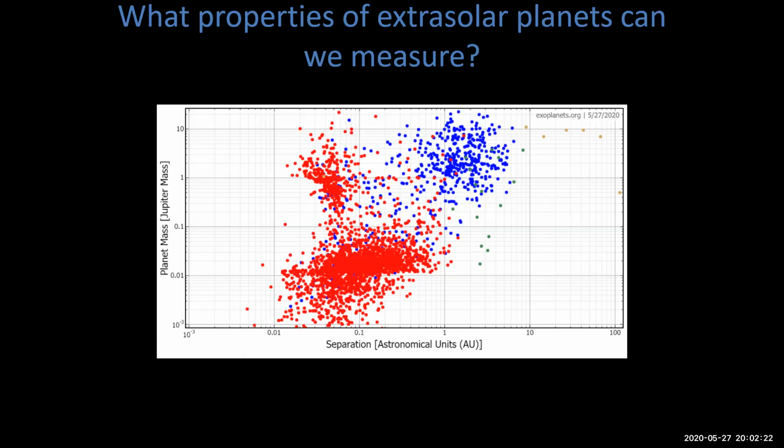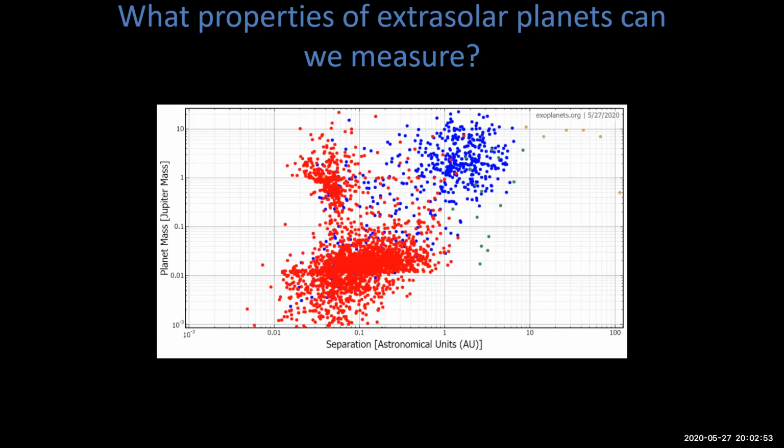So the mass on the y-axis is in Jupiter masses. All of the Earth-like planets are at the 0.01 level here or below. So that would be roughly the Earth mass. And then the Jupiter planets are at that 1 level here.